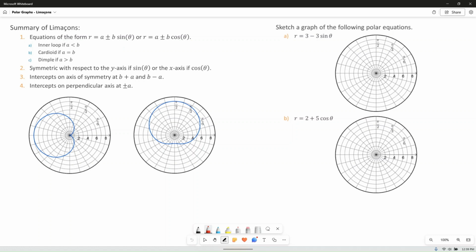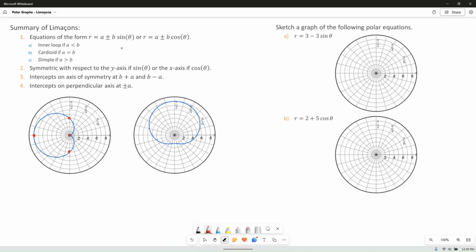It crosses the y-axis at 4, on the circle of radius 4. It does touch the origin, and it extends to the left and crosses the x-axis at the circle of radius 8. Okay, so just piecing that information together.